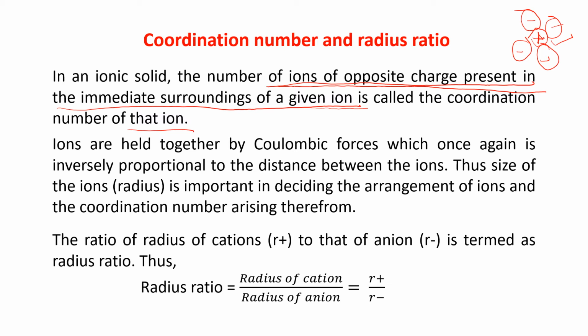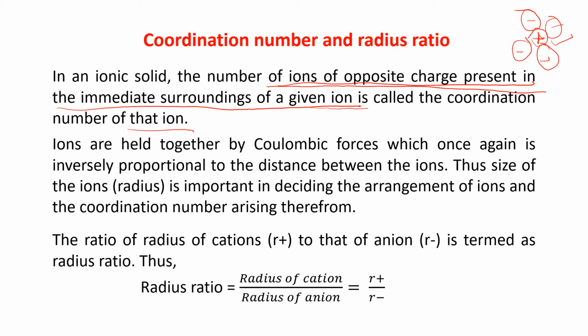4 negative ions. Ions are held together by Coulombic force, which is inversely proportional to the distance between the ions. If the distance is more, Coulombic force will be less. Or on the other hand, if the Coulombic force is less, the distance will be more.